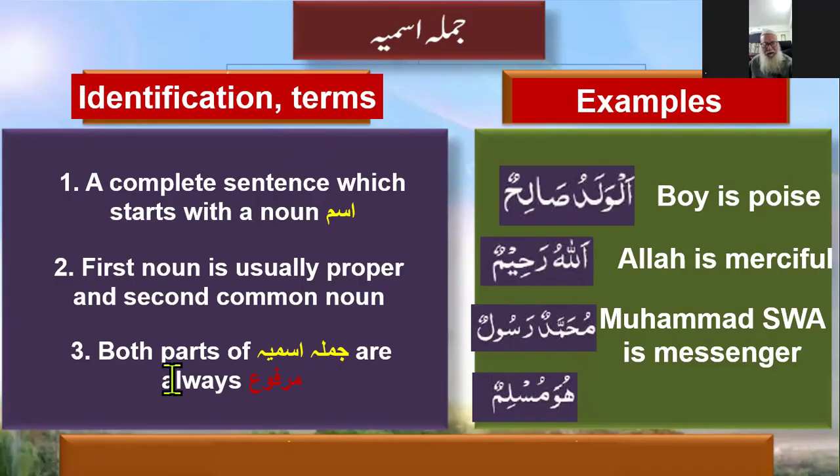I say it is marfu. Huwa is marfu, but the sign here is fatha, no dhamma. Because it's a pronoun. All the pronouns are mabni. Mabni means their rafa, nasb, jar will remain the same. No change. So we will say he is a Muslim. It's a proper sentence.